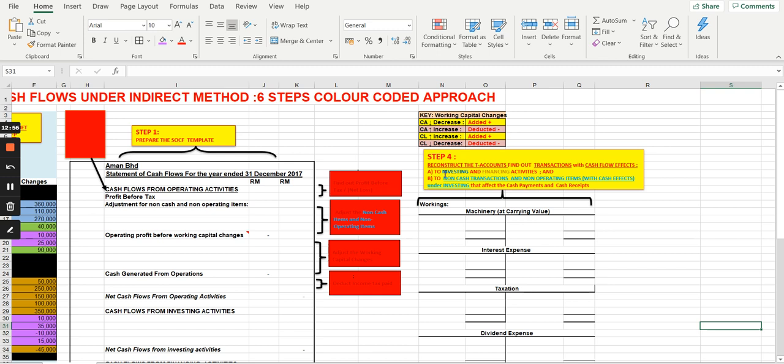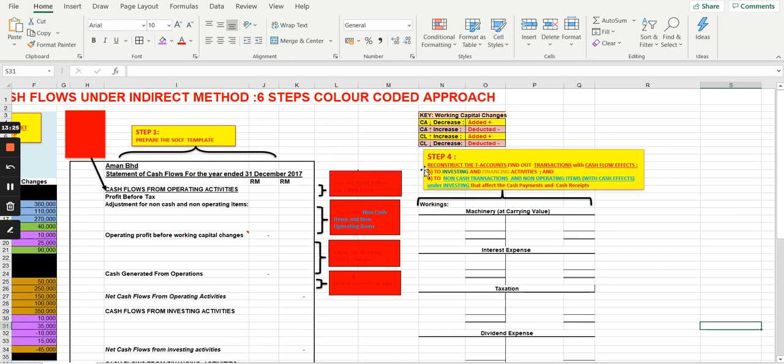First we are going to start off with the investing activities and then the financing activities, and later you can focus on non-cash transactions as you do your reconstruction of the T account. So we're going to do the adjustment and reconstruct the accounts to find out if there are items that relate to non-cash transactions. You can do that together with me.